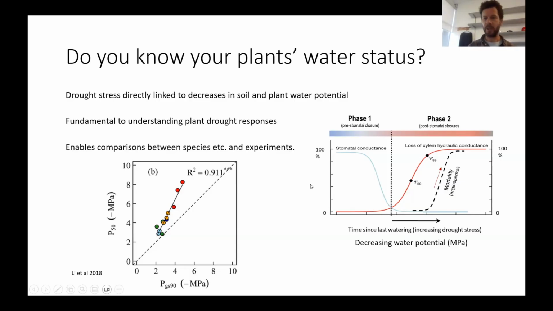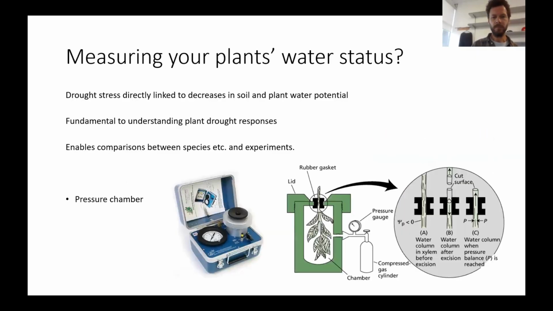Once you know the water potential of these different thresholds of drought stress, you can compare across species and start to understand the coordination between traits linked to this response to water potential, and this ranking as well, based on the species' tolerances.